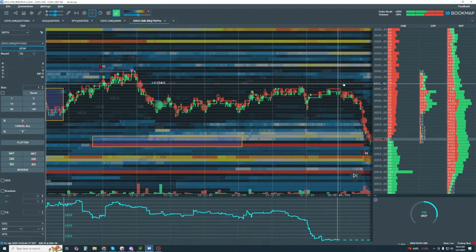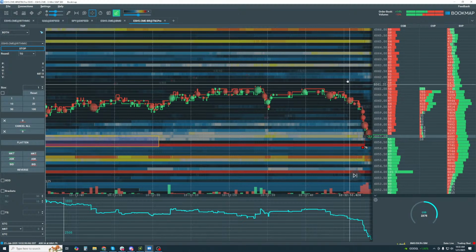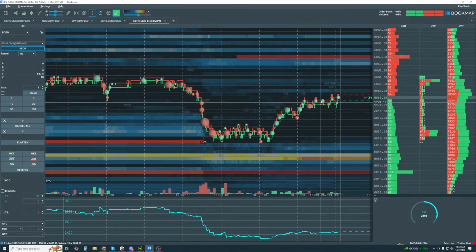At the same moment, we see more limit sell orders, more supply at a lower level. When you combine the supply of limit sell with the aggressive sell, you can get some really nice moves. The same applies for the buyers.